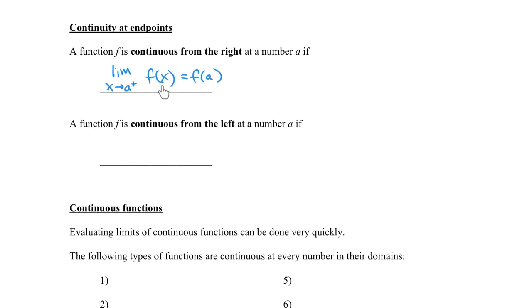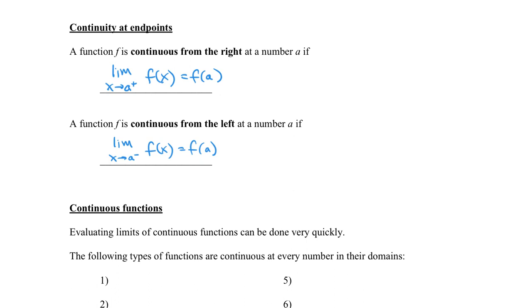Remember, from the right means we're approaching the number from the right on the number line. So the limit equals the same thing as if you were to take a and plug it into the function. Likewise, the function f is continuous from the left at a number a if the limit as x approaches a from the left of f of x equals f of a.